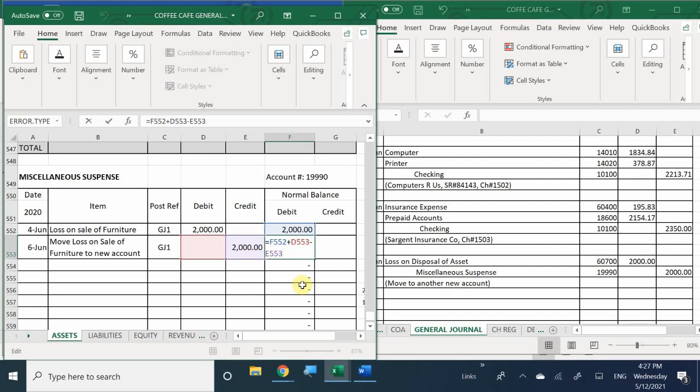If I started with 2,000 and I'm subtracting 2,000, my end result is what? 0. And that's all that it is. It's the idea of I have a current balance or a beginning balance, whatever it is. If I have a debit, I'm going to increase it, so I'm going to add to it. If I have a credit, it's going to decrease it. So that's exactly what that portion is.